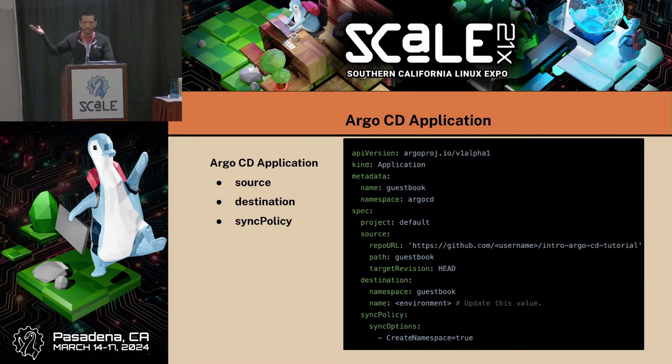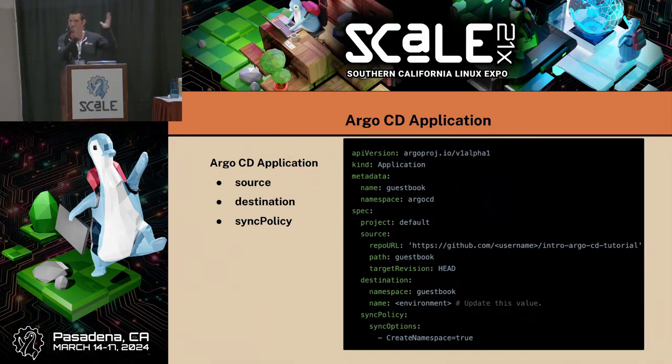You look at this Git repo, you look at this path, and you're looking at the head, right? Or you can put in whatever branch or tag or whatever, for the target revision. And the destination, you say this namespace on this Kubernetes cluster, right? That could be name or server URL, right?